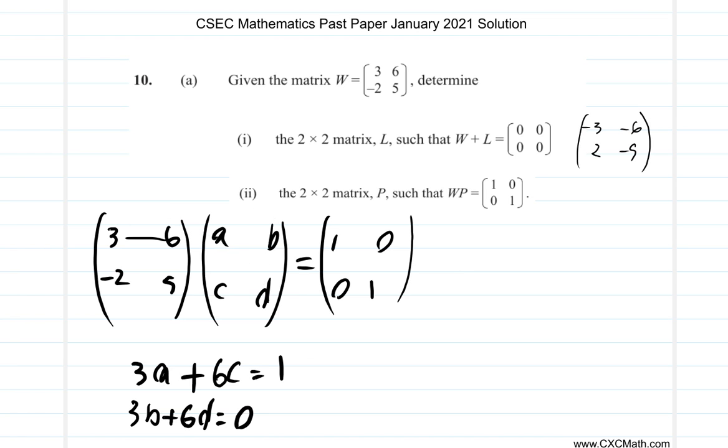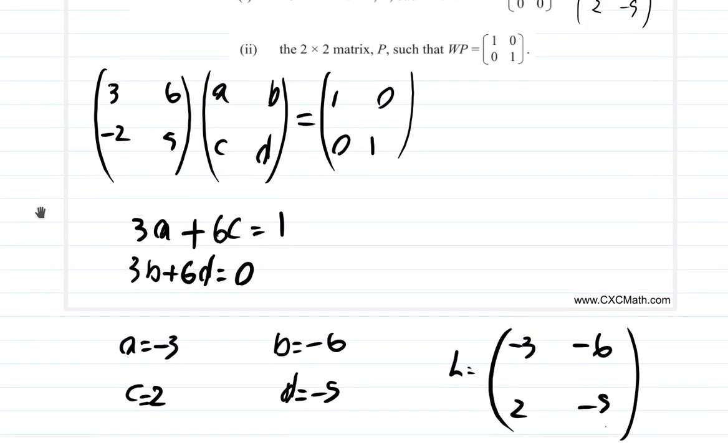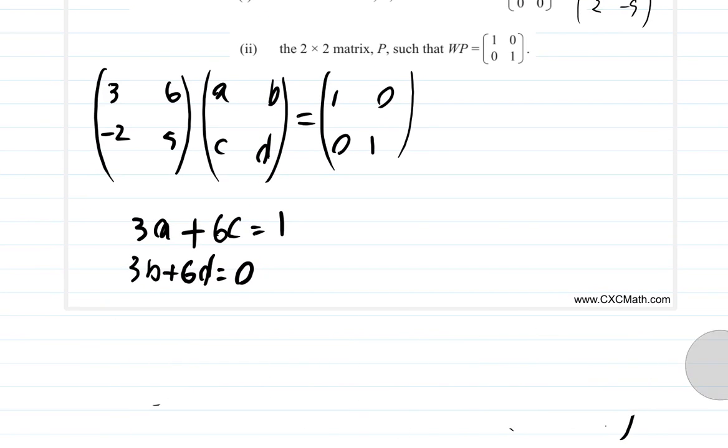Alright? You have to remember that. Then, after that, you're going to get the 0 here, which is in row 2 and column 1. It's going to be row 2 by column 1, first multiplied by first, plus second multiplied by second. Alright?